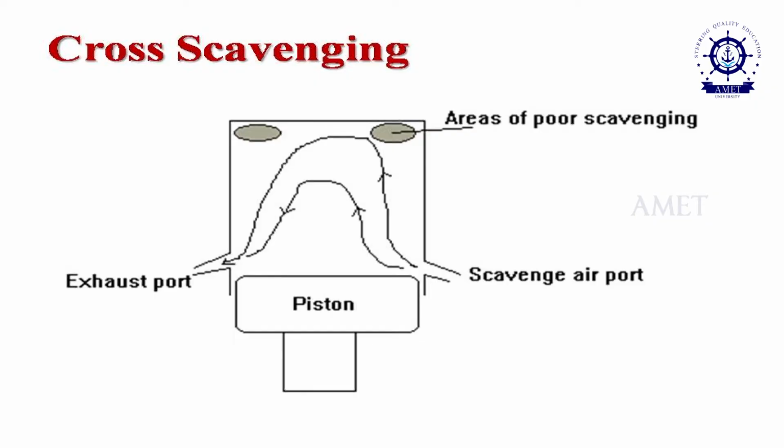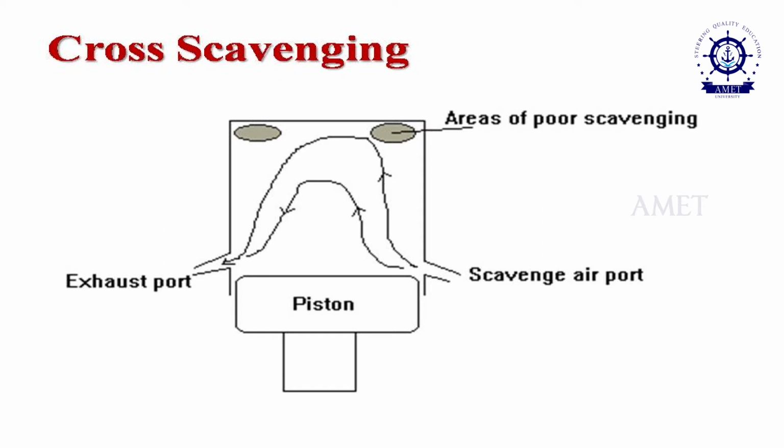Now, what exactly do I mean here? When the engine is running, the unit has a piston going up and down, and the underside of the piston will be used as a scavenge pump. So, in addition to the turbocharger working, you will also have an under piston which is acting like a compressor and will provide the extra air. Let us look at it in a little more detail in the next slide.